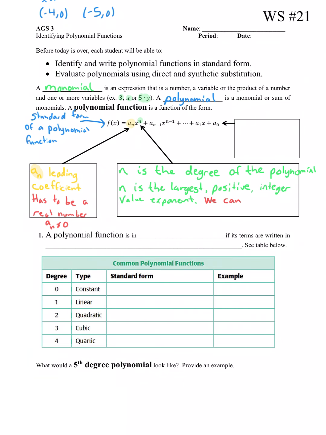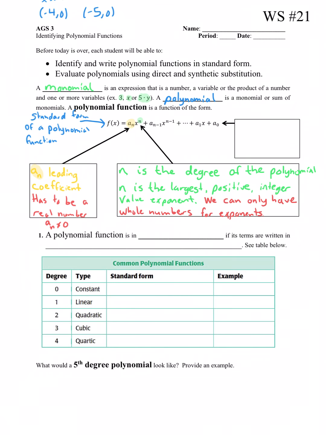And when we're talking about these polynomial functions, this is important to note. We can only have whole numbers for exponents. What we talked about last unit with logarithms is exponents could be negative numbers, and they could be fractions.